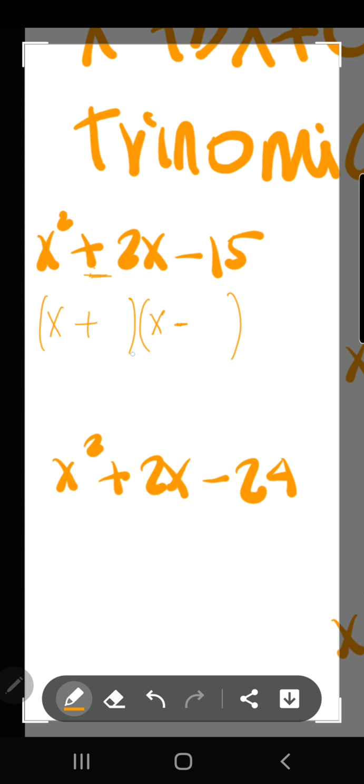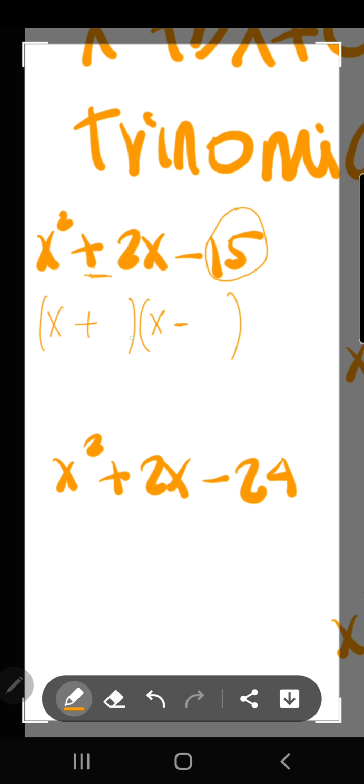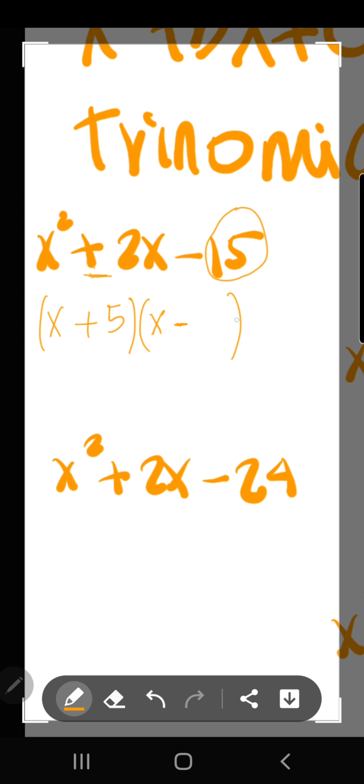So since they are different signs, you will look for two numbers that multiply to 15 and subtract to 2. So 5 times 3 is 15 and subtracted is 2. You write first the biggest, the greatest, and then the smallest.